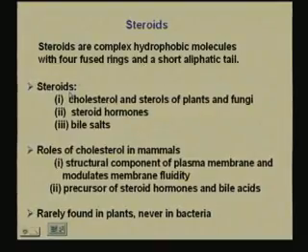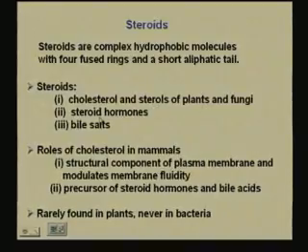When one of the groups at a particular position of the steroid, and we will know which position it is, is converted to an OH, we call it a sterol. Okay? We have cholesterol, and sterols of plants and fungi.